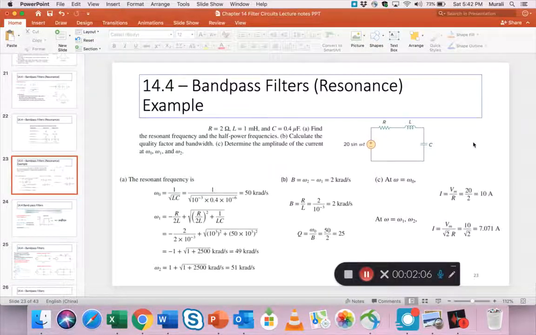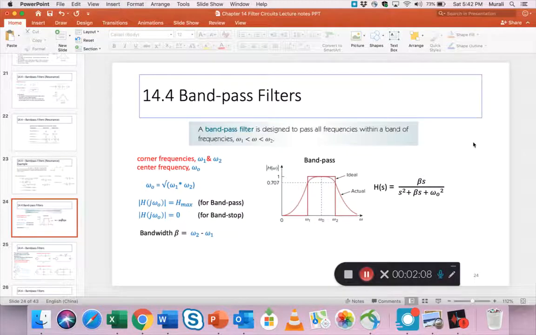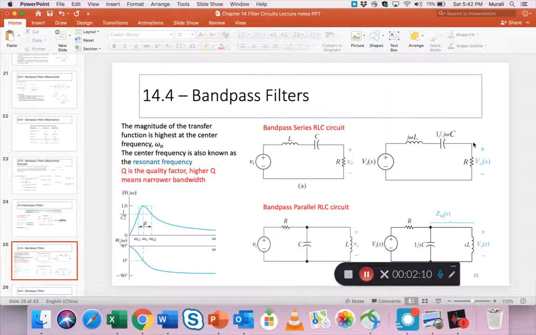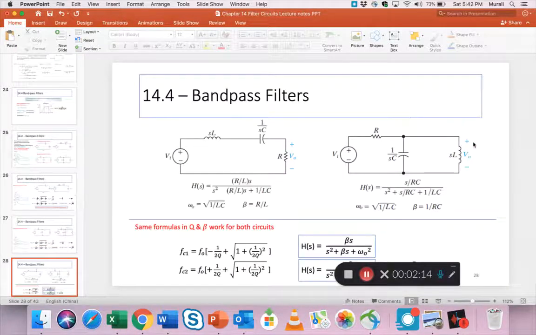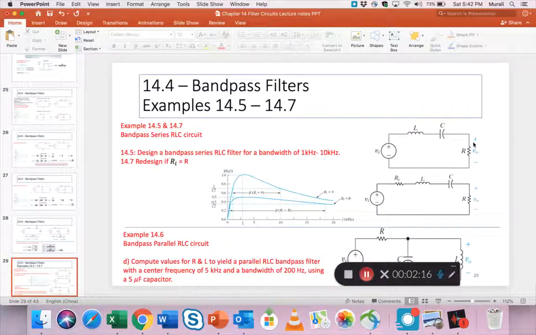Okay, so let me skip to slide 29. That's where we have our very first examples from the textbook for band pass filters.